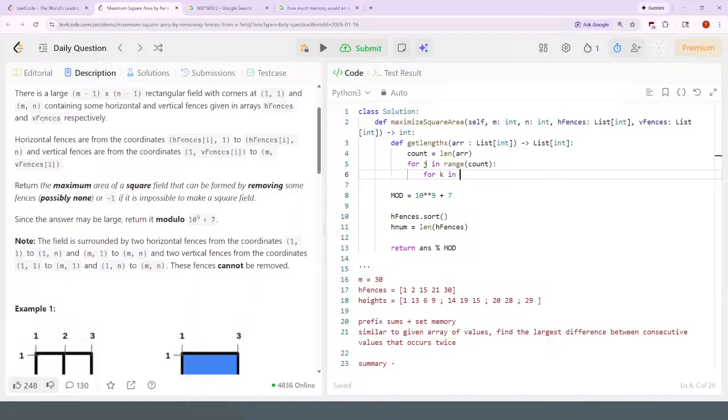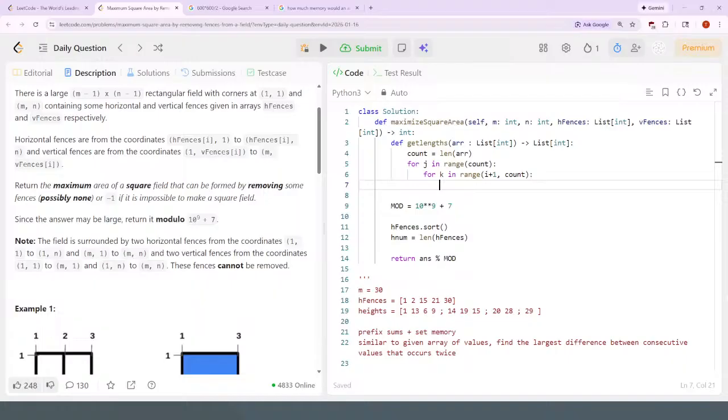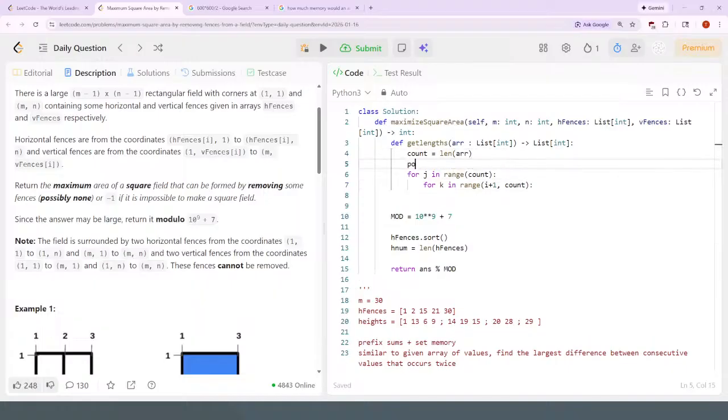For every k in range of i plus 1 to count, so it iterates over them. Let's do possible as my returning array. I want to add 1 and the length to this array.